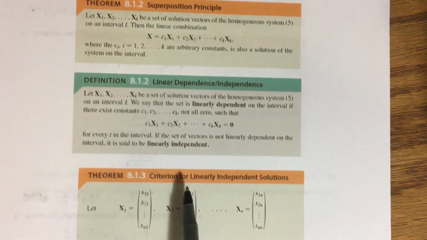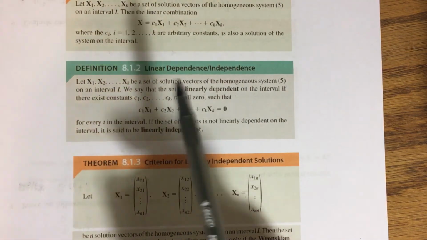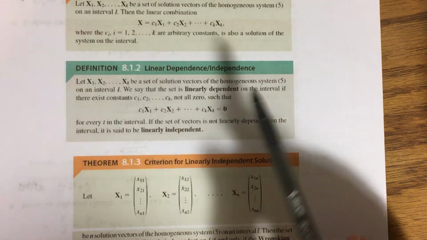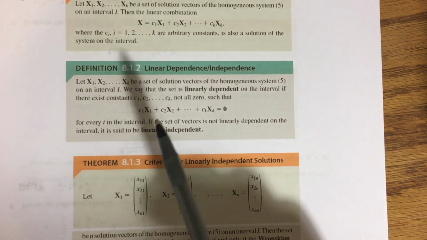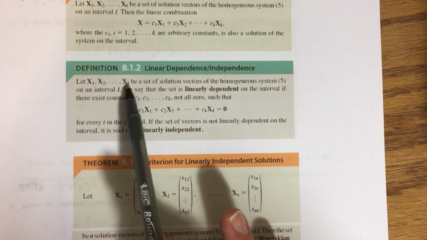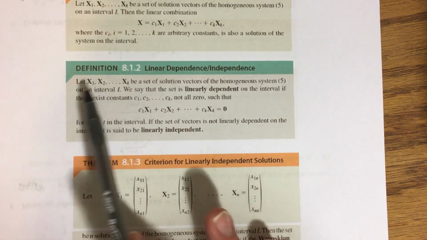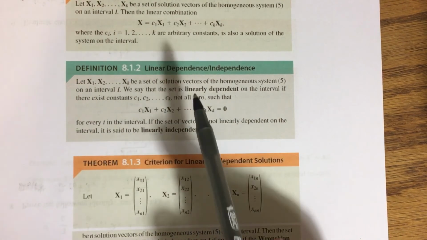Next up, we have linear dependence and linear independence, which is defined much in the same way that we did in section 4.1. So again, if we have a set of solution vectors x1 through xk of some homogeneous linear system on a common interval I, then we would say that this set of solutions, remember these are column matrices. They're not just functions of t. They're column matrices where all of the entries are functions of t.